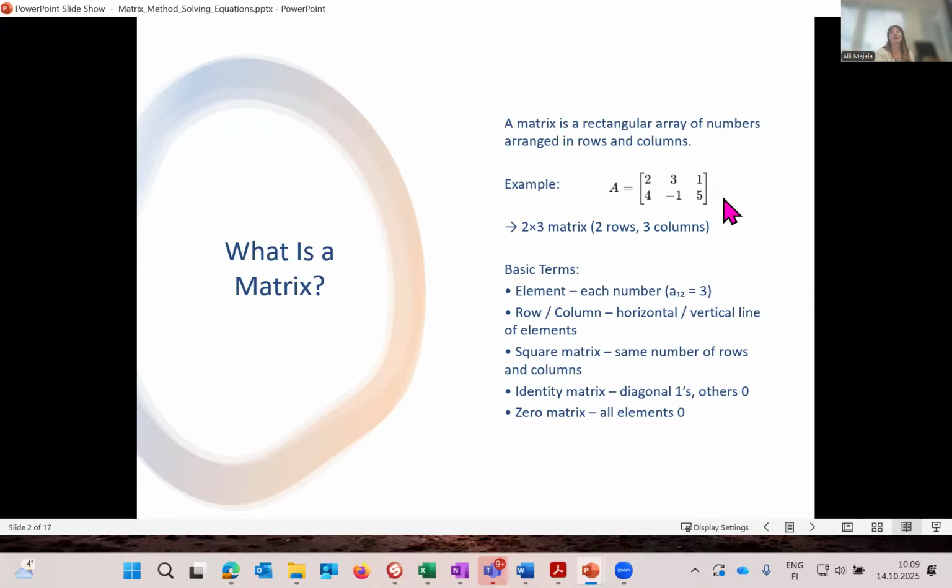This is for sure something that's been used in computational methods, also maybe in modeling programs many times. This would be a 2 times 3 matrix because there are 2 rows and 3 columns.